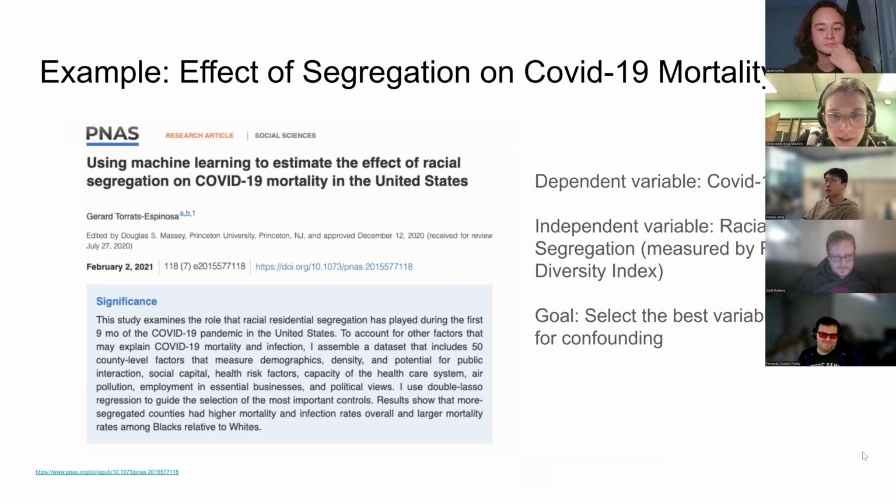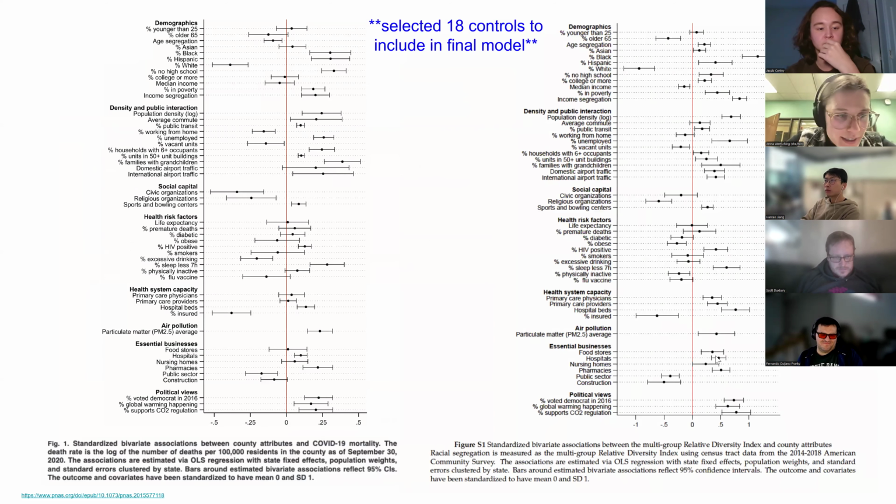If we go to the next slide, we can see the outcome of two different lasso regressions. The one on the left-hand side looks at the associations between county attributes, so all our potential control variables, and COVID-19 mortality, our outcome variable.